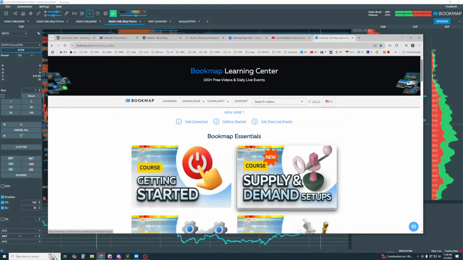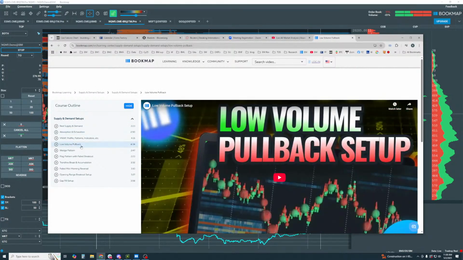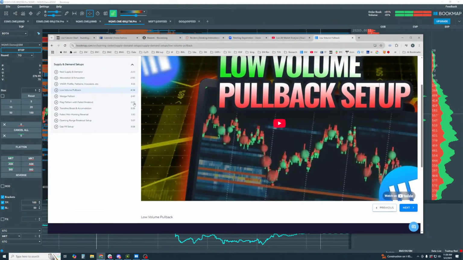It's a starting point to go back, take a look at it, and study some of these ideas in here. Some of the easiest ones, I think, like this low volume pullback, you'll see is mentioned in many of the other videos.